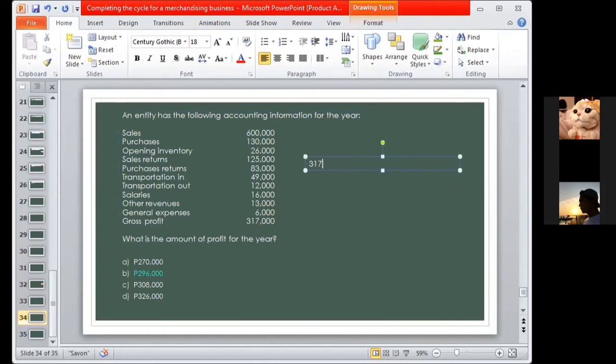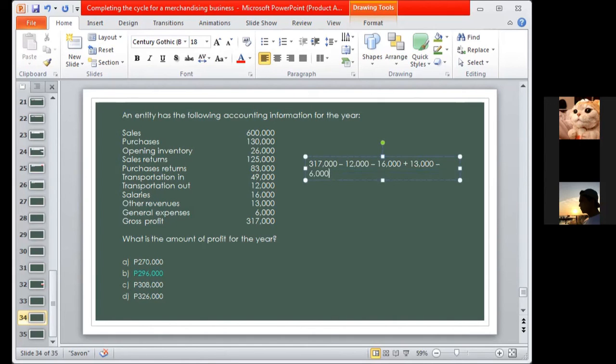317,000, less yung 12,000 na transportation out, less yung salaries na 16,000, then add yung other revenues na 13,000, and then less yung general expenses na 6,000.